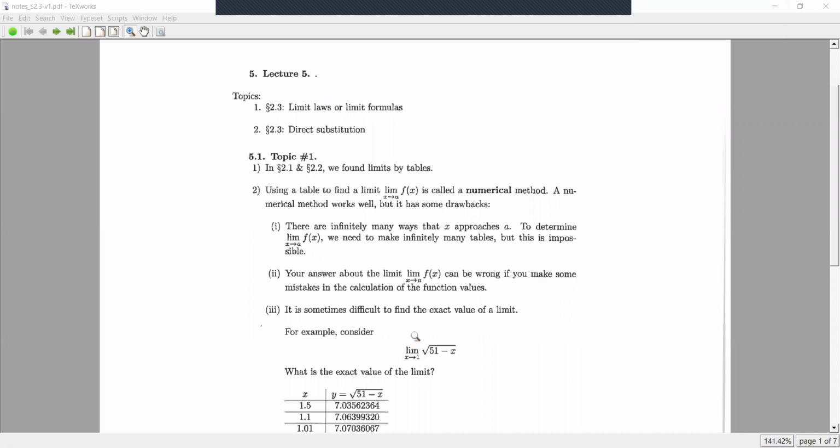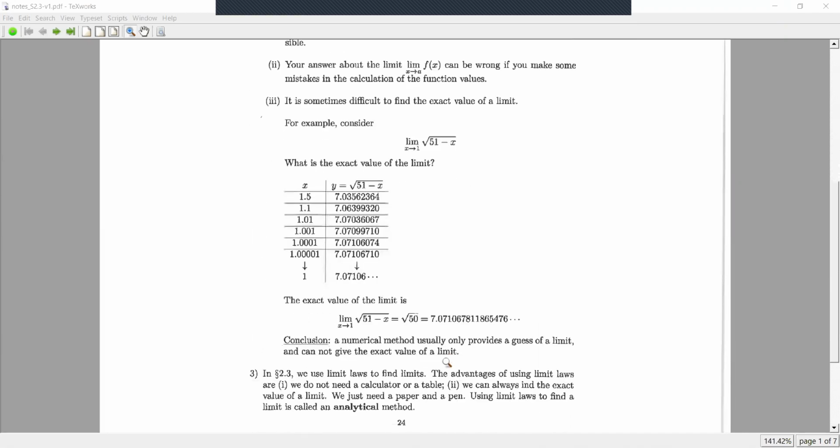For example, consider this limit. As x approaches the point 1, this function will approach some number. Can you exactly tell the value of the number by a table?